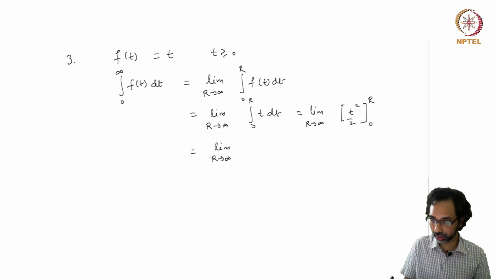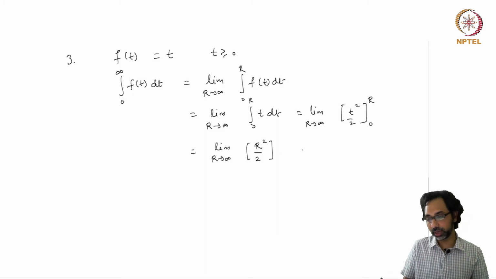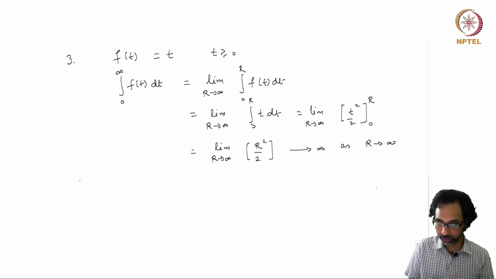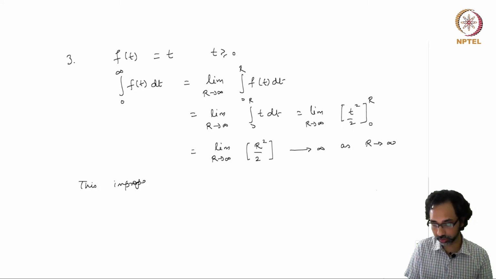So you get the limit as r goes to infinity of r square by 2, but now this goes to infinity as r goes to infinity. So in fact this limit is not finite, and therefore this improper Riemann integral does not exist.